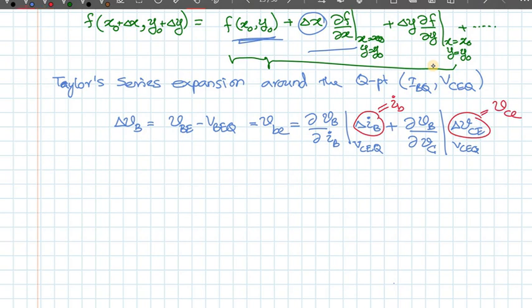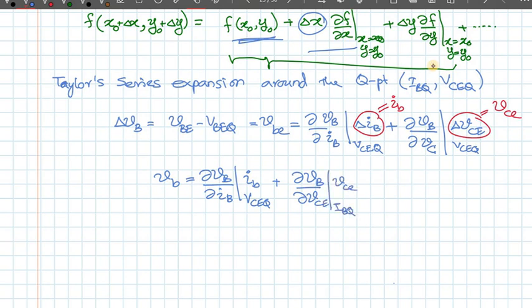I can write it as vb is equal to ∂VB over ∂IB at VCEQ times small signal ib plus ∂VB over ∂VCE at IBQ times vce. So this is the first expression.